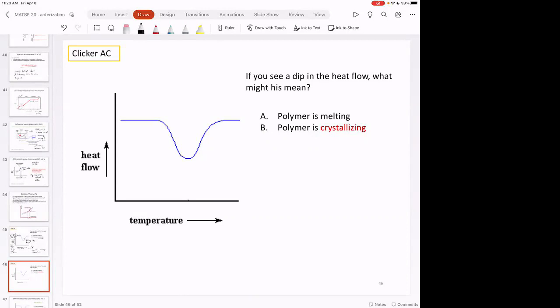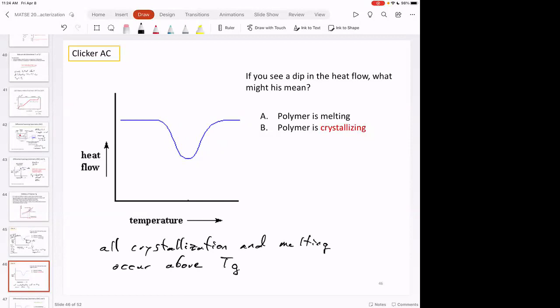Where does crystallization and melting stop? So we talked about TM0, which is the highest temperature, but what is the temperature at which we can't do any more crystallization or melting? TG, that's right. Because the chains are frozen, so all crystallization and melting occur above TG.